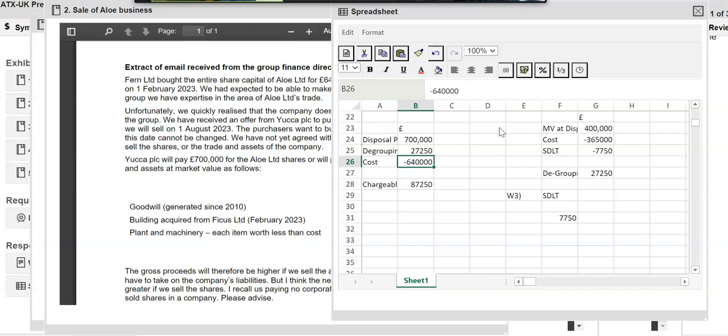Okay, number one. But we also have to calculate the after tax proceeds. So if we calculate the after tax proceeds, what will we do? First we will write the disposal proceeds. That is the 700,000 pounds. I'll be linking this figure. Now I have to deduct the corporation tax from this, and the corporation tax on this gain would be 19%.